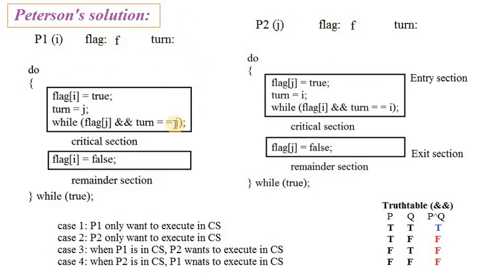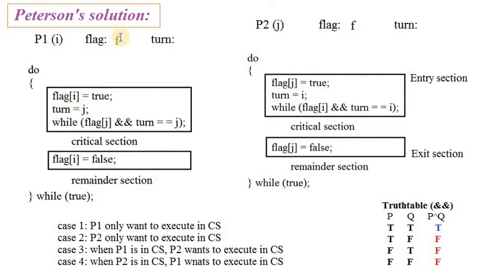Now from case 1, program 1 only wants to execute in the critical section. So what will happen? Let us go for execution of all the statements. Flag of I is equal to true. I means the first program, right? So the flag of the first program is set as true.